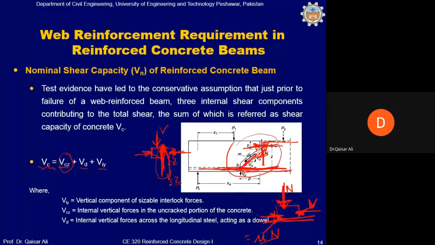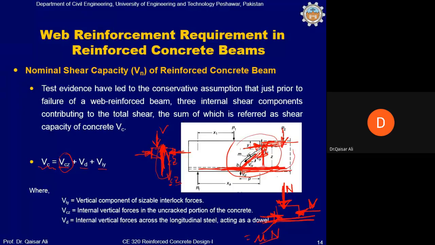And when the 2 parts of the beam are separated by the application of shear forces, if this force is applied there and this part of the beam on the right is to be separated or slid downward from this part, there is a horizontal reinforcement across these two parts. So this horizontal reinforcement, which stretches across these two portions, will also resist the separation of these two parts of the beam.